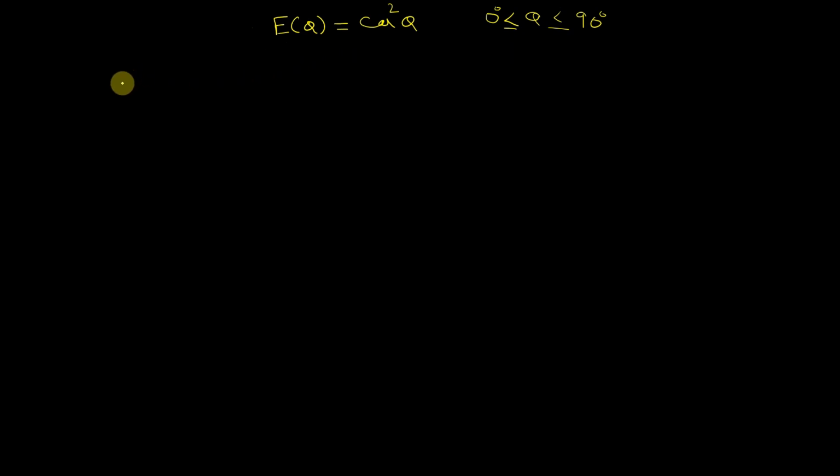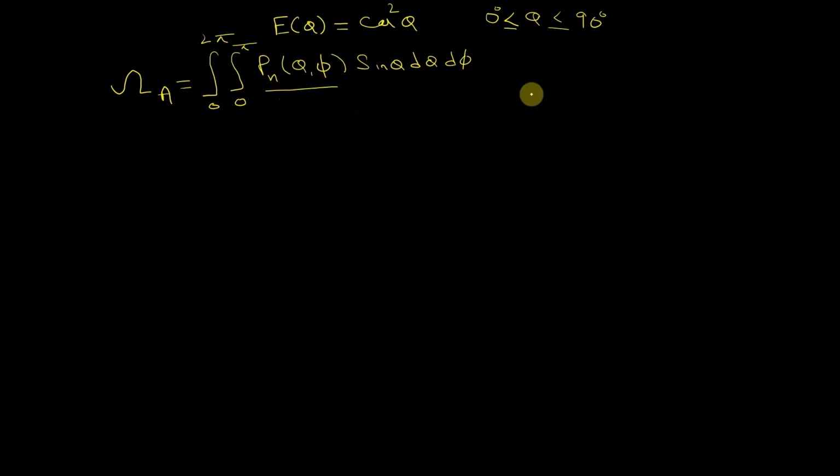So if we want to find this beam area, we know that it is the integral over 0 to 2 pi, this is the value of phi, and 0 to pi, this is the value of theta, of P theta phi sine theta d theta d phi. Now how are power and electric field related? The power is E square.